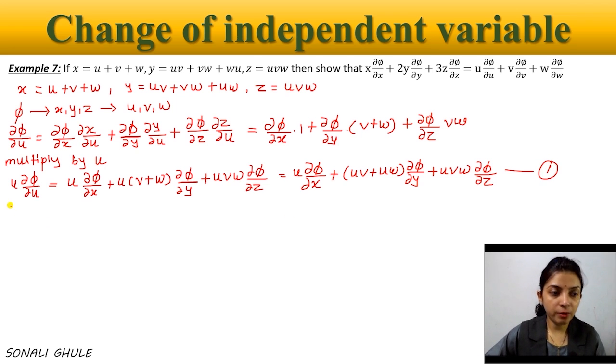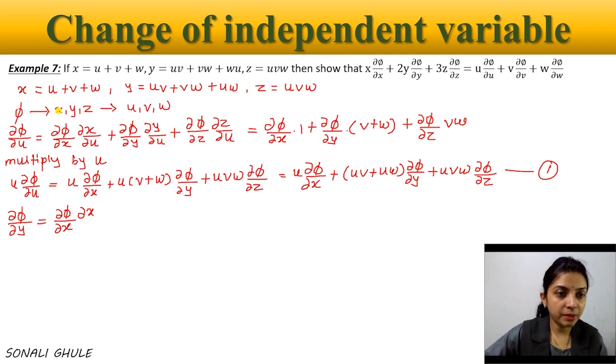Now similarly we are going to find phi with respect to v. Use the chain rule from here. What it will be? Phi with respect to v, that is equal to... so here I can write the chain rule, phi with respect to x, then just a minute.